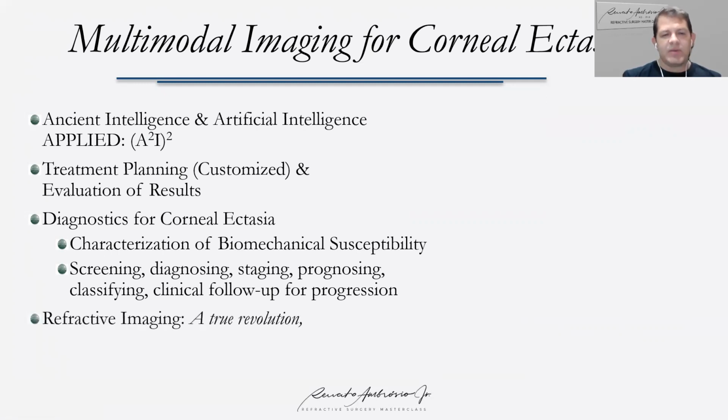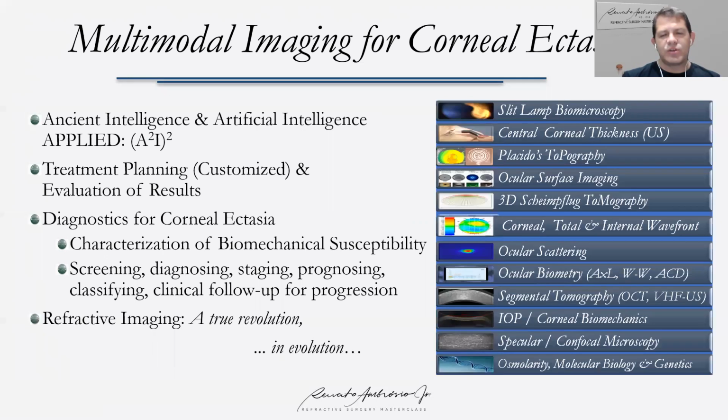So refractive imaging is a true revolution in evolution, and all of this data should be understood by the physician so that we can use data since the anamnesis, asking the patient if they rub the eye, understanding about allergy. The slit lamp is always going to be very important.